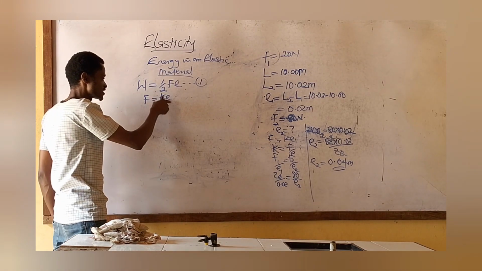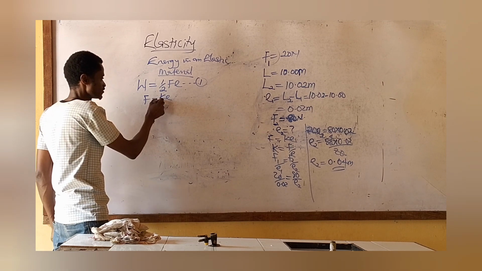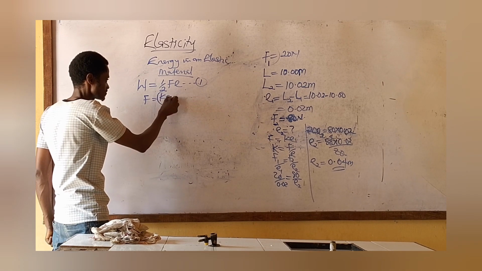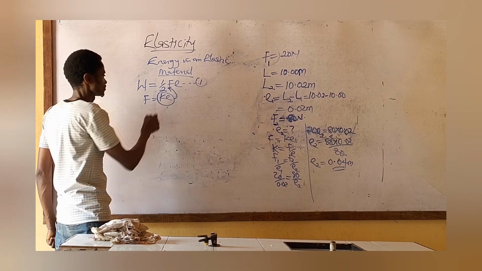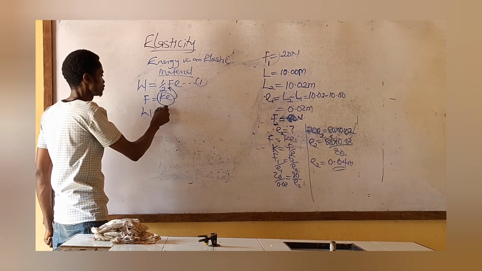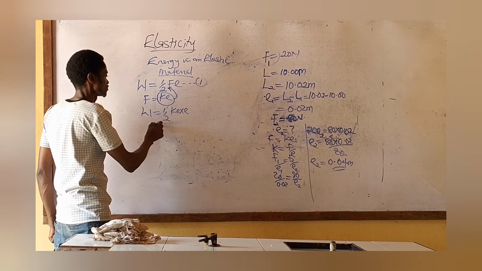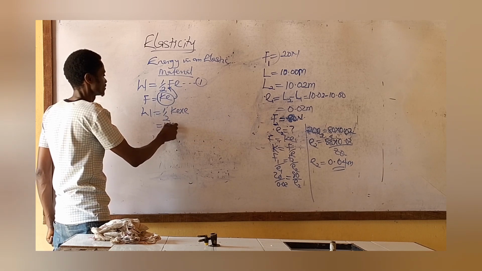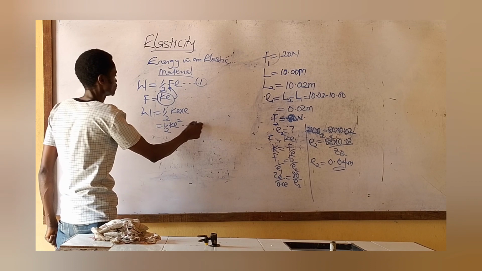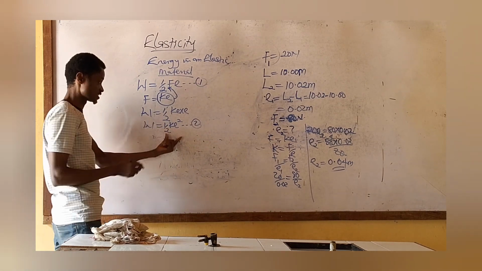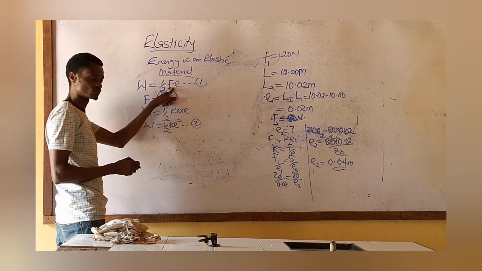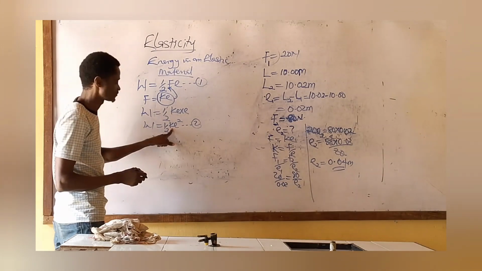If we put Ke in place of F, that will be W equals half Ke times E, which gives us half Ke squared. That is equation 2. We can use this if force is not given, but the constant is given.